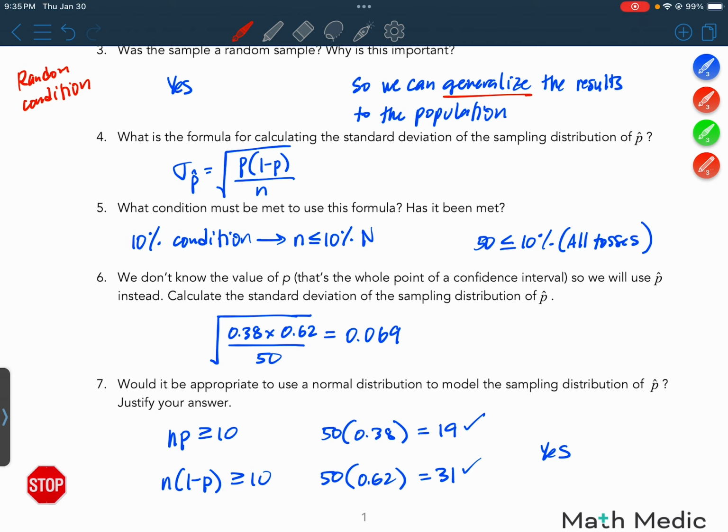So why is this so important? Well, for most cases, when we sample, we do it without replacement. So this 10% condition is just saying that sampling without replacement is okay, and that it's not going to affect our probability calculations too much.